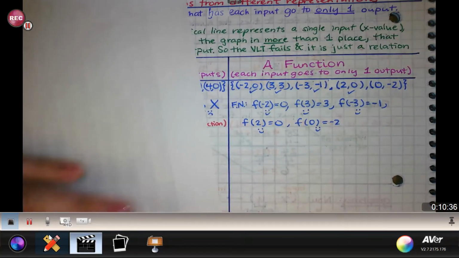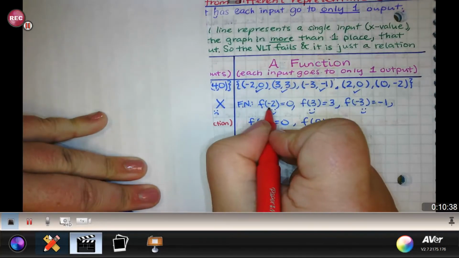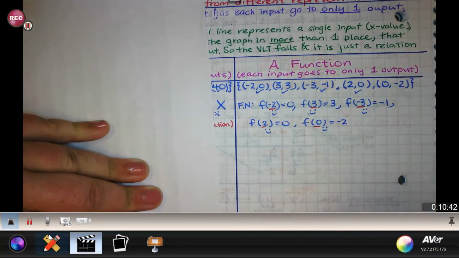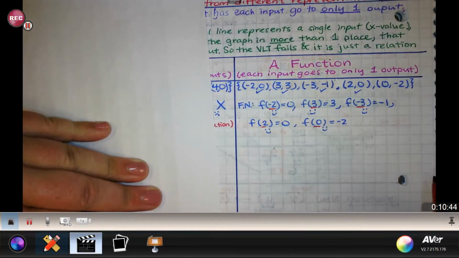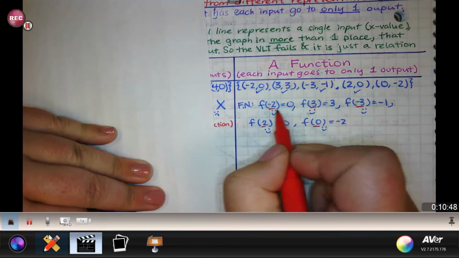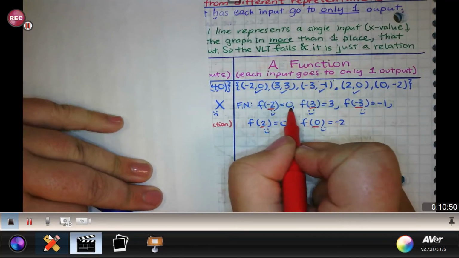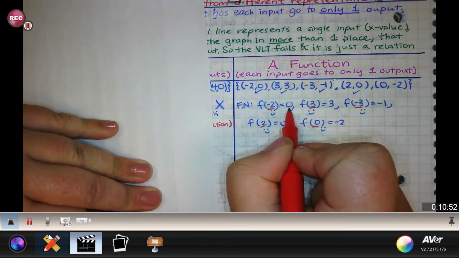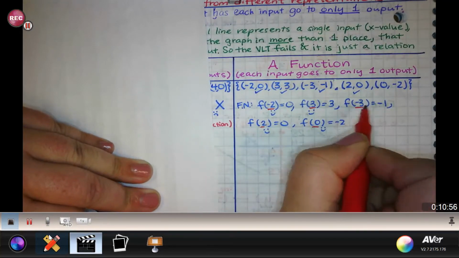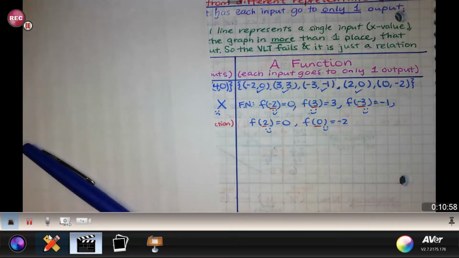So if you look here and we look at each of these inputs, notice how each one is different. We have a different number every time, because if you accidentally do it twice, that's not good. And notice that every single one of them only has one output. This input goes to only this place. This input only goes to this place. So it's like a working vending machine.